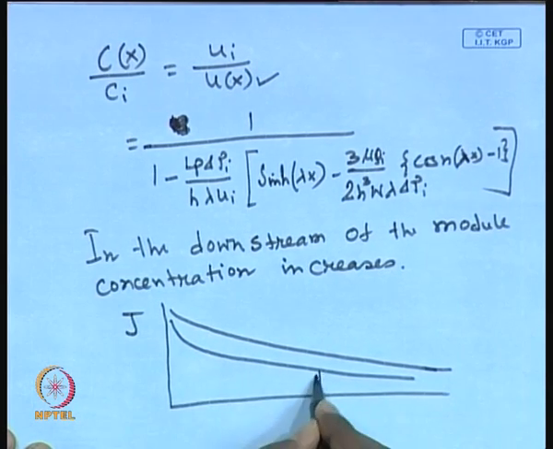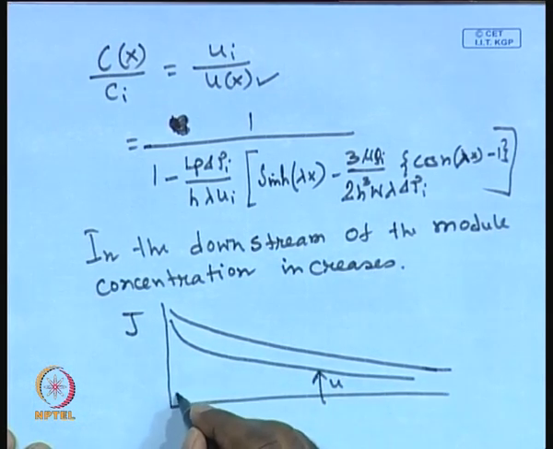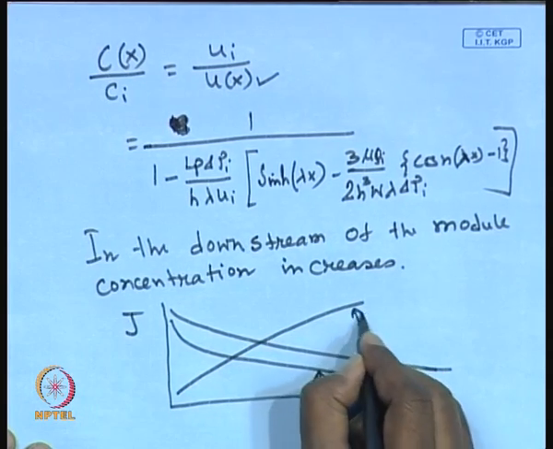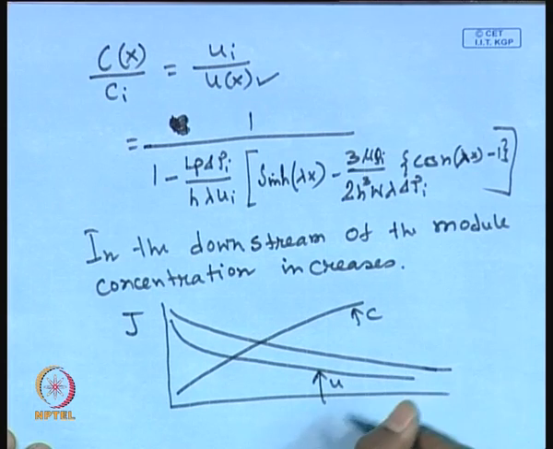This will be u, the cross flow velocity, your concentration will be increasing. This is the profile of concentration. So you can get various profiles of all the parameters: velocity, concentration, permeate flux, as well as the transmembrane pressure drop. And one can do the appropriate selection of the pump accordingly.